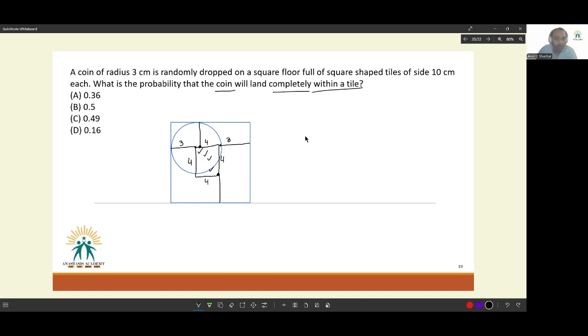So our favorable probability is 4 into 4 by 10 into 10, the area of the 4 by 4 square divided by the entire area of the square, which is equal to 0.16, or option D is the final answer.